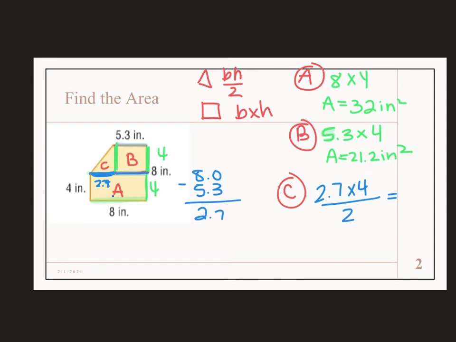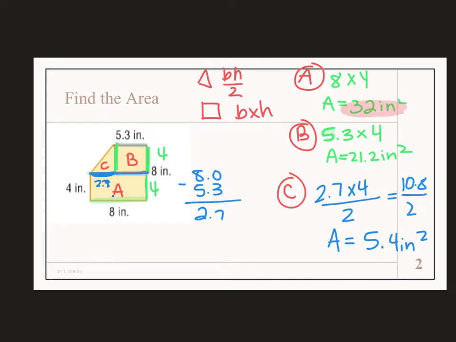So 2.7 times 4 gives us 10.8, and then 10.8 divided by 2 will give us an area for C of 5.4 inches squared.